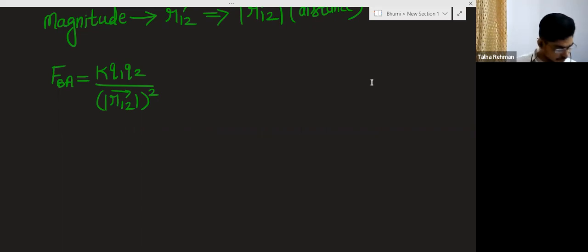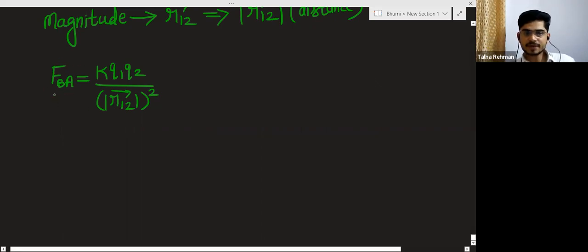This is only the magnitude of the force F_BA. If I want to convert this force into a vector, what will I do? If I want to write this F_BA in the form of a vector, what will I do?